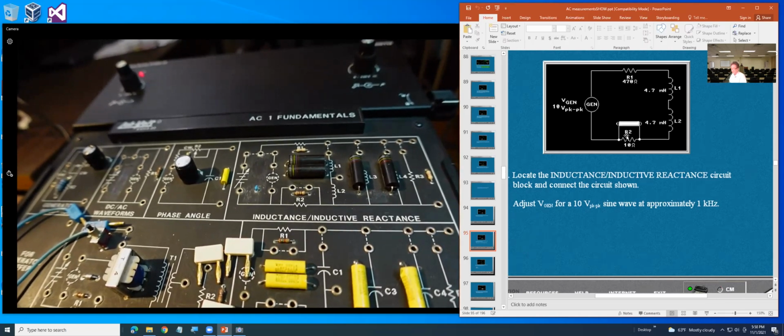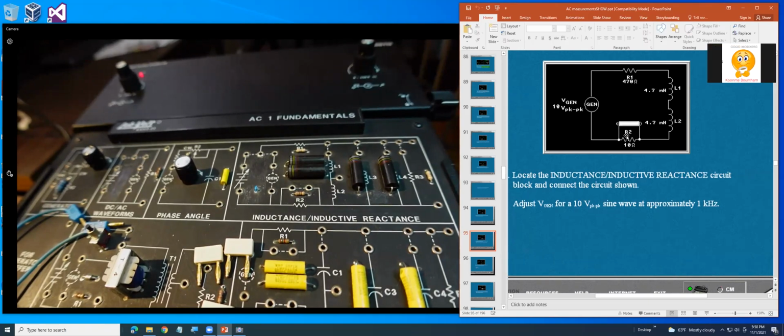Can you see the circuit? Yes. Okay. This is the circuitry they want you to build.